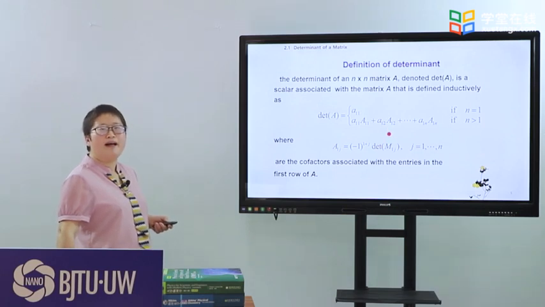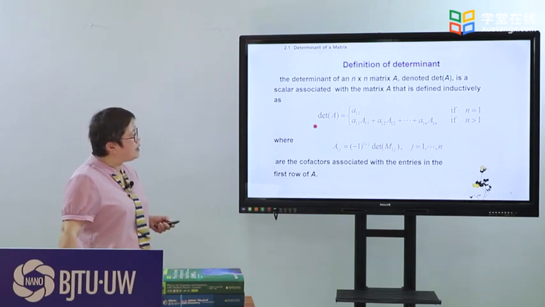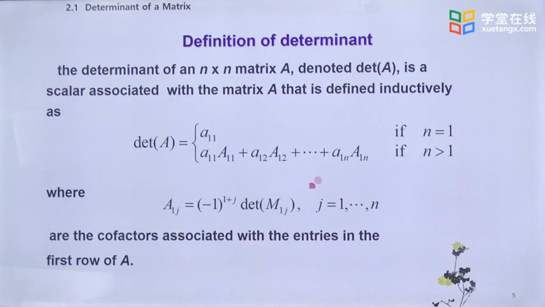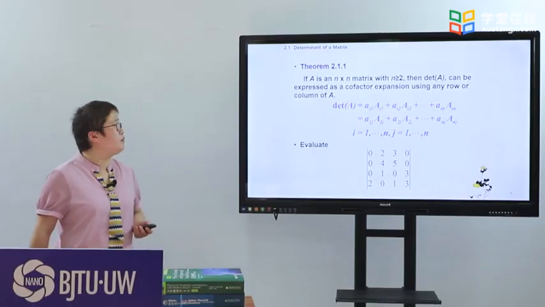For an arbitrary n by n matrix, you can compute its determinant. You can define its determinant by determinants of (n-1) by (n-1) matrices. Okay, now we have this theorem.